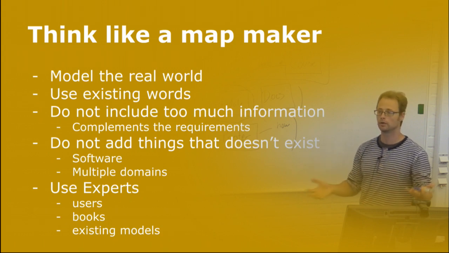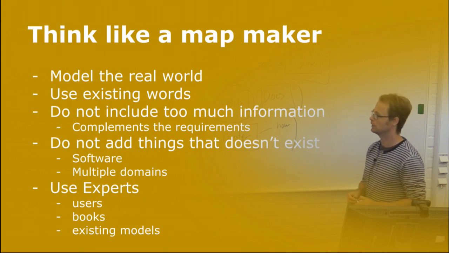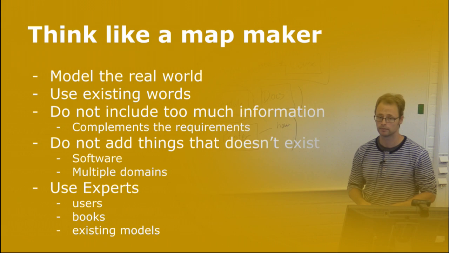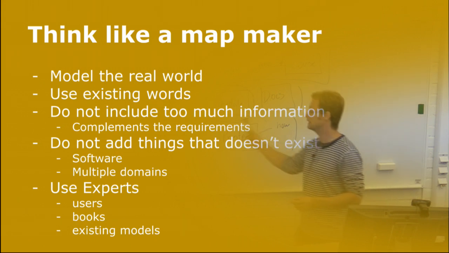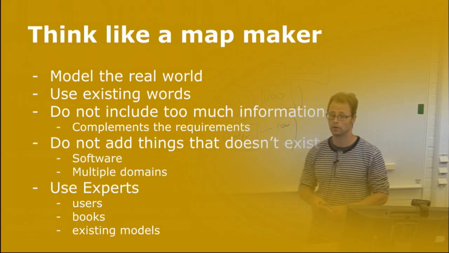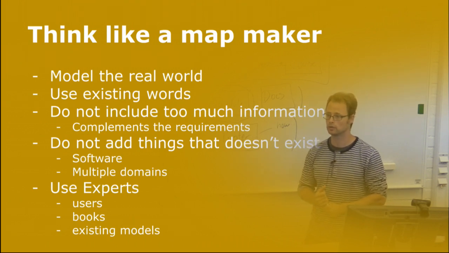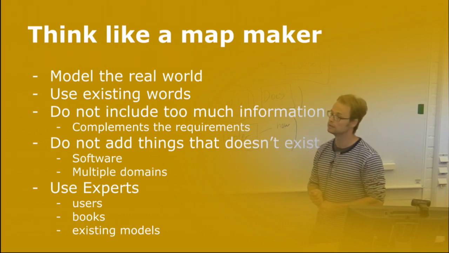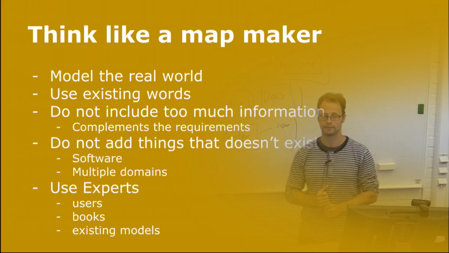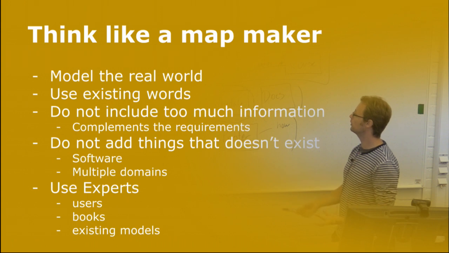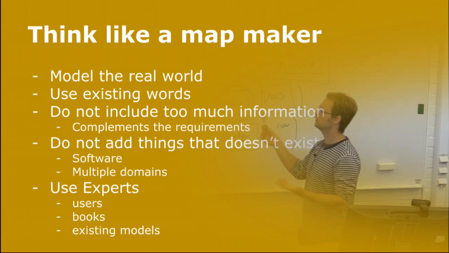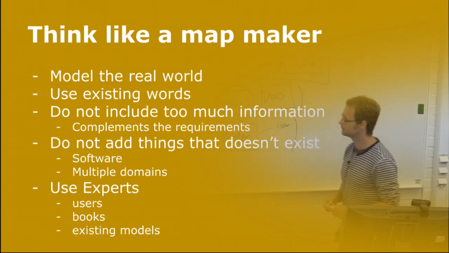So they do not involve imaginary stuff. In our case, it's very easy to add technical stuff to the domain model. Software stuff, solutions to problems that we don't know we have already. Avoid this in the domain model. Focus on what's actually there and what's actually needed.